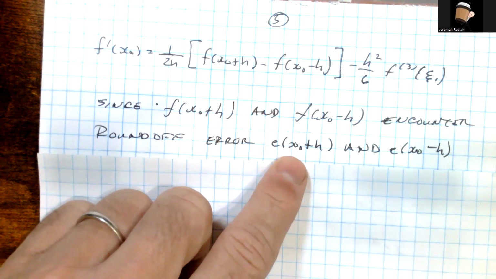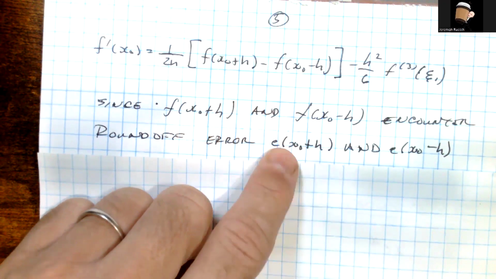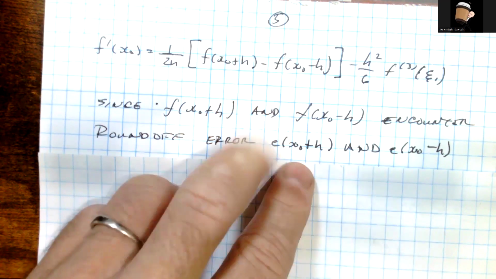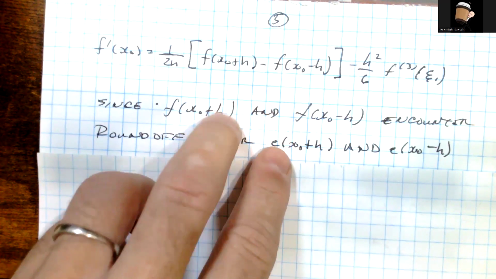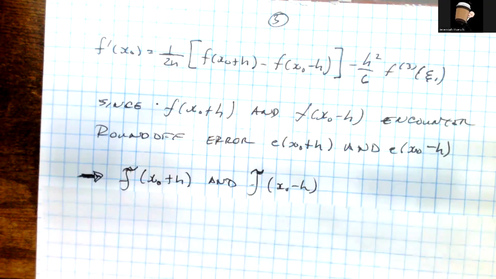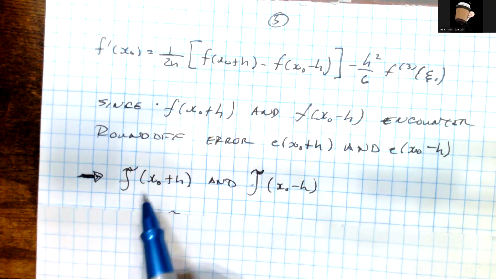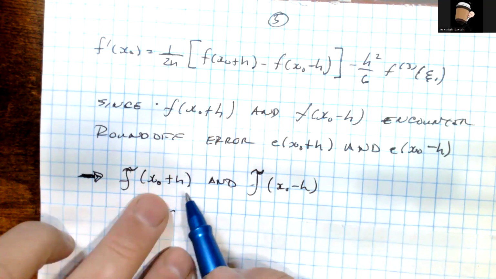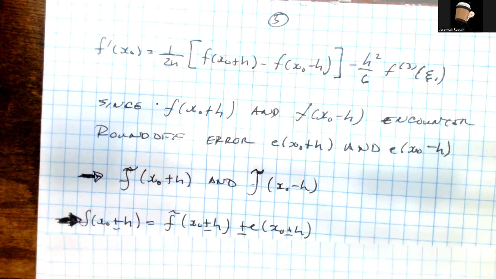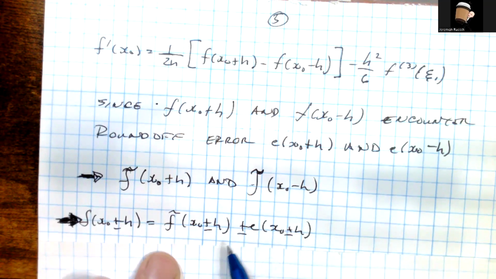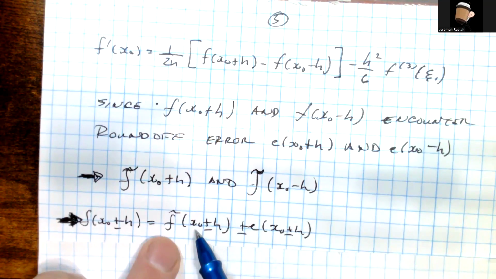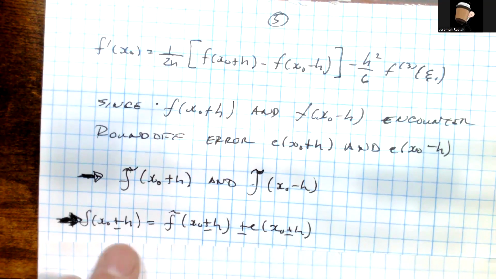So let's say that we have that term. Let's name it e of x naught plus h, and then e of x naught minus h, which correspond to the round off error from our step forward and our step back in that situation. Okay, and so it means that our approximation values, f tilde here for our forward difference and our backward difference, have these values, and they're related to the actual value of f evaluated at the step size by the corresponding values of the error term.